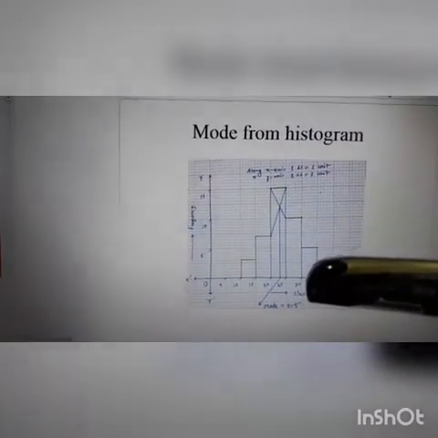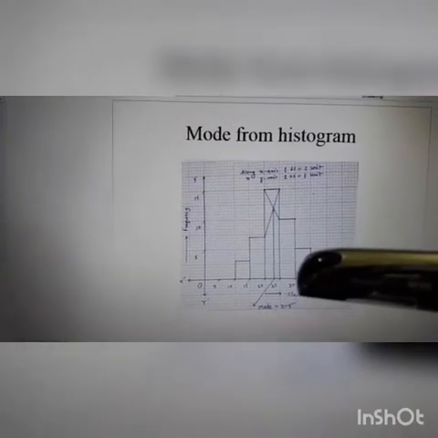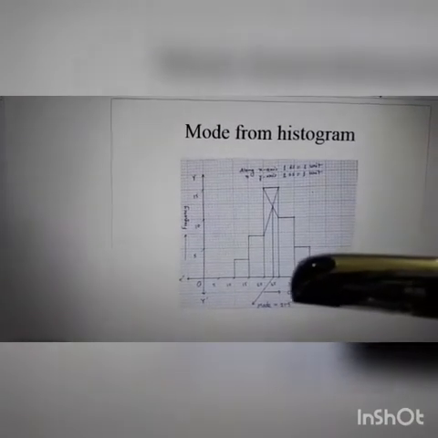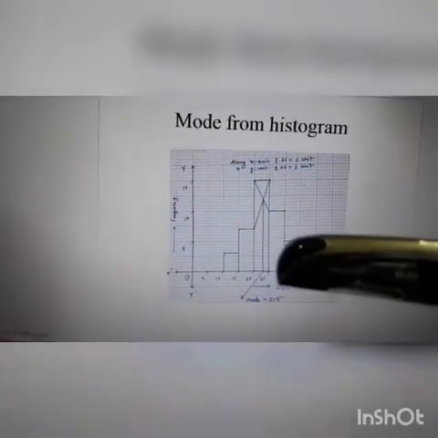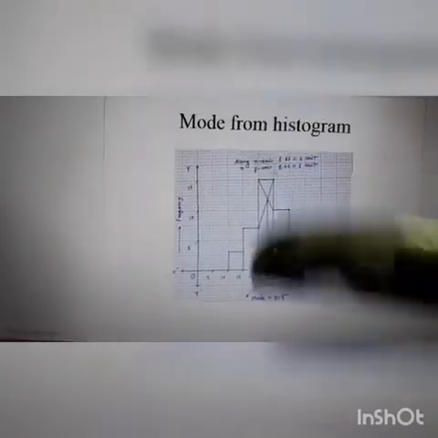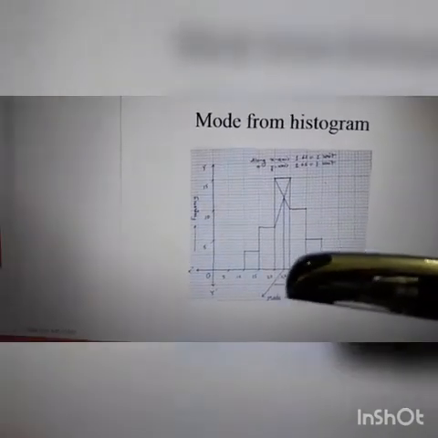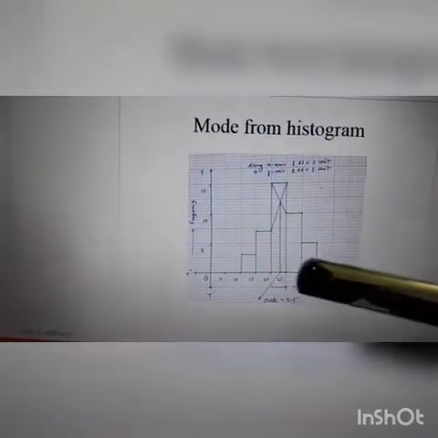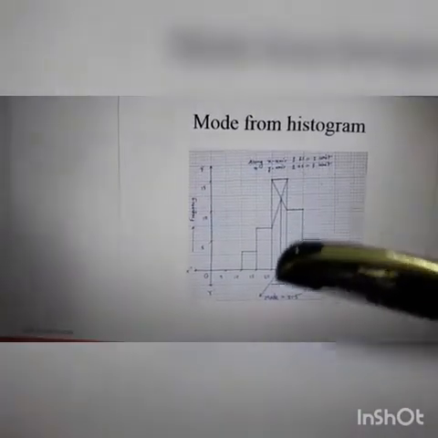Now we have to determine the mode from the graph. Firstly we must choose the highest or largest rectangle. Here the rectangle against the 20 to 25 class is the largest.